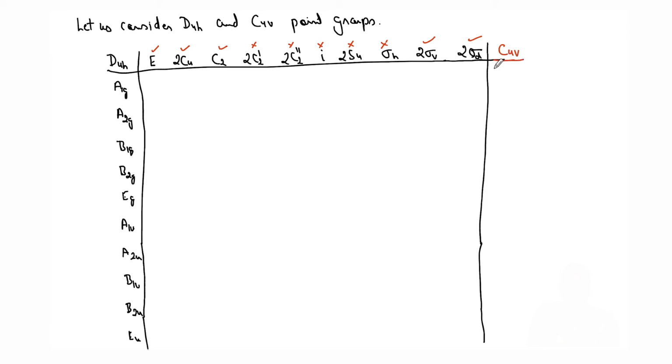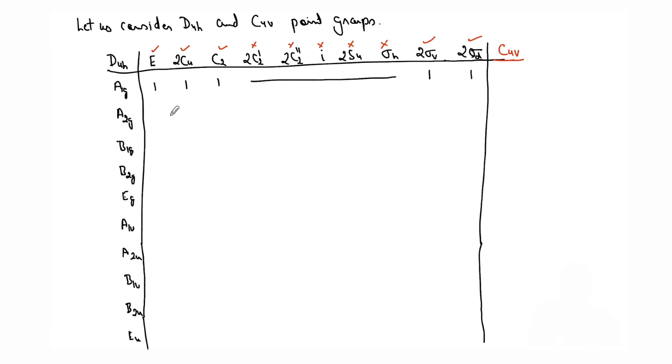Now if we write down the characters from the character table only for the common symmetry operations, we will see that this is 1, 1, 1, and I'm not going to write anything here, and this is 1, 1.